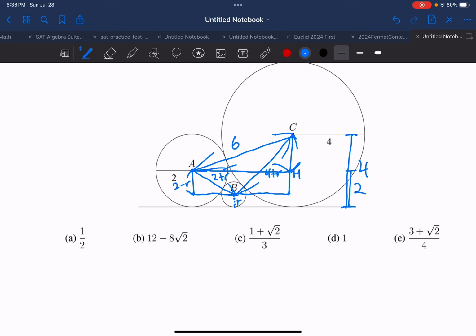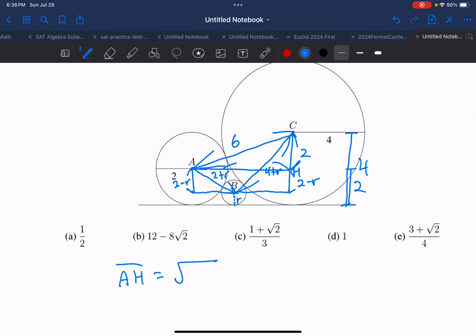So the length of CH would be just 2. And that would mean that the rest is 2 minus r. Then we could use the Pythagorean theorem to calculate AH. This is root 36 minus 4, equals root 32, which is equivalent to 4 root 2.